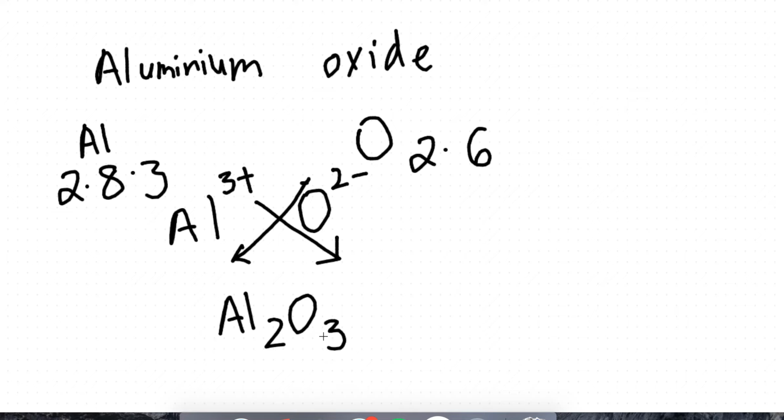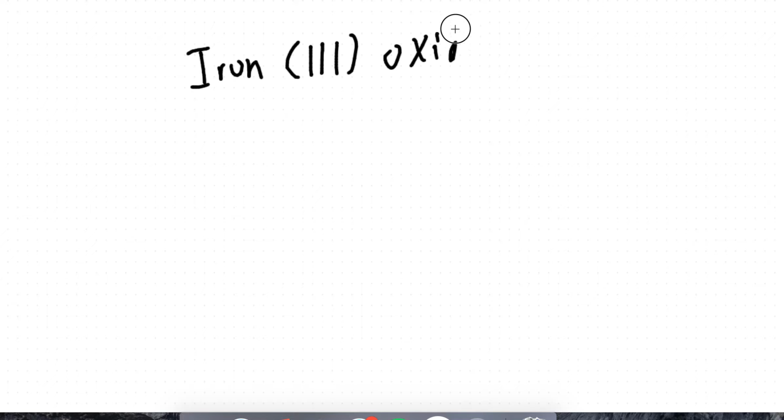Now, another example, iron(III) oxide. Now, the question is, why does iron have the 3 here? This is because, like copper, iron is a transition metal. It's present between groups 3 and 12. It has many oxidation numbers because that's a special characteristic of transition elements, right? Exhibits different oxidation numbers.